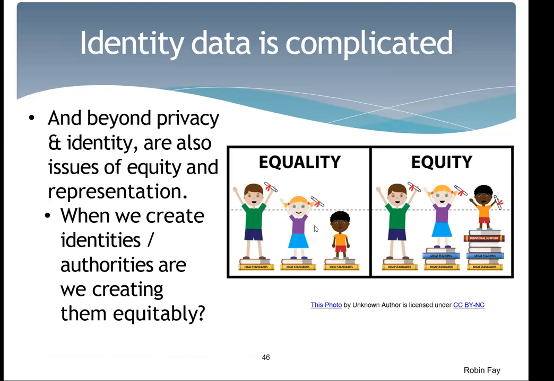So as we've talked about here, identity is really complicated. It seems like in some ways it wouldn't be. It's just data that we put in based upon the information we have.